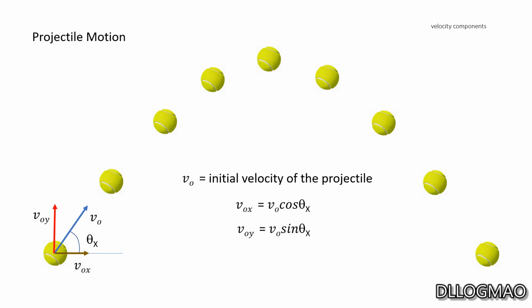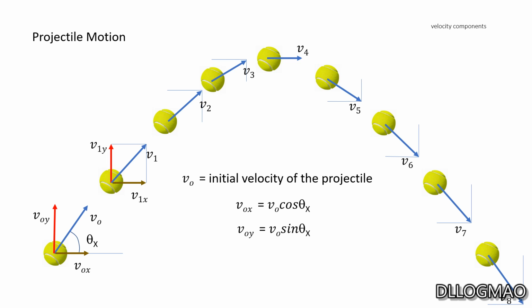The instantaneous velocities are v sub 1, v sub 2, v sub 3, v sub 4, v sub 5, v sub 6, v sub 7, and v sub 8, with their x and y components.